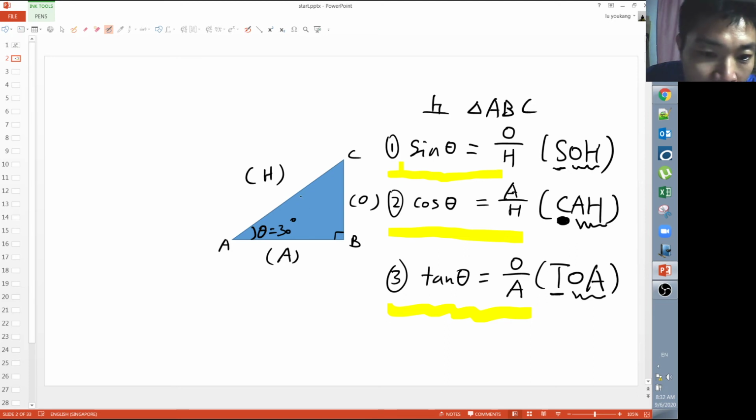Before that, I think I need to give you more information. Let's start off with this being 1 cm, so this opposite side is 1 cm. Now you are asked to find the adjacent and hypotenuse.